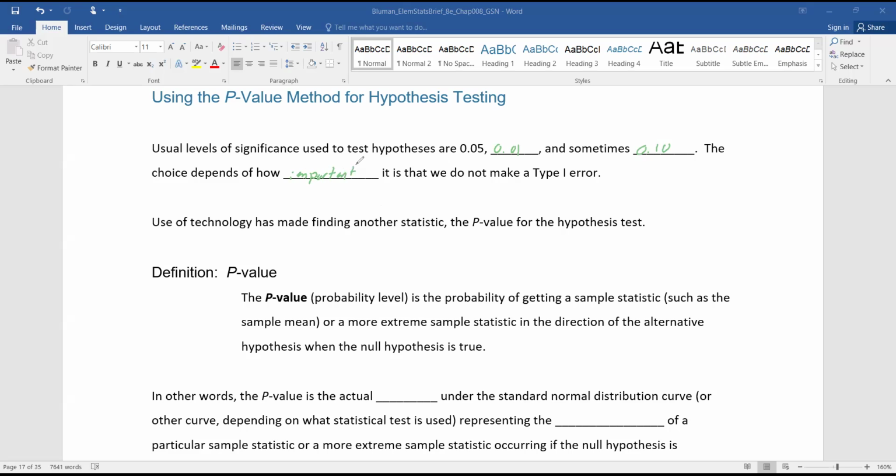Technology has made finding another statistic, the p-value, easy for the hypothesis test. The p-value is the probability of getting a sample statistic, such as the sample mean, or a more extreme sample statistic in the direction of the alternative hypothesis when the null hypothesis is true. So let me get this part up.